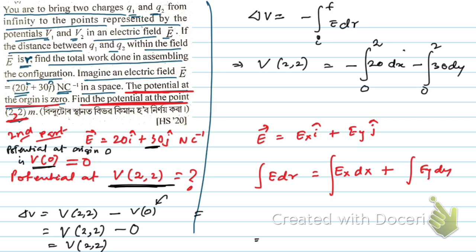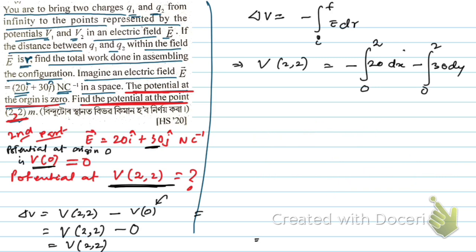So let me take the negative sign common, so here we have 20 integration of dx is x, 0 to 2, then plus, after taking common minus, we have plus 30, the integration of dy is y, here 0 to 2.